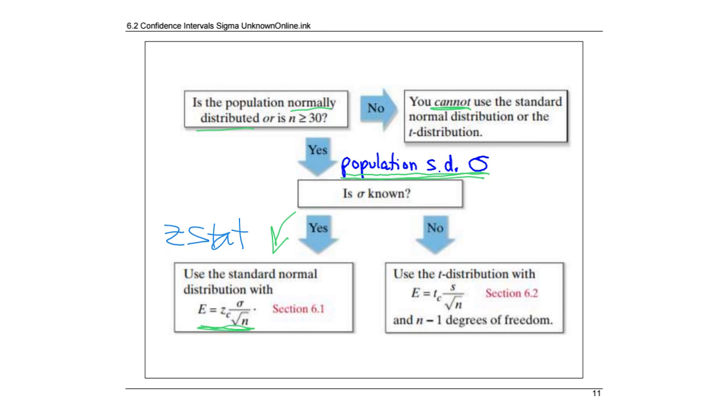If the population standard deviation is not known, then we come down to this box and use t-stat. That's because we don't know the population standard deviation, but we do know the sample standard deviation. Then we have our formula for the margin of error, and we also have to use the degrees of freedom.